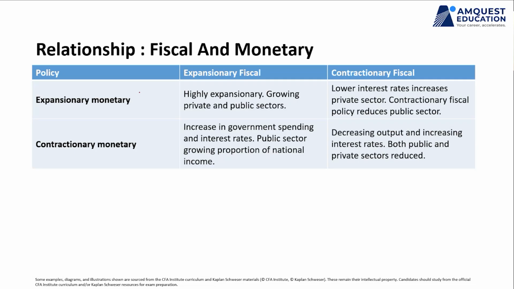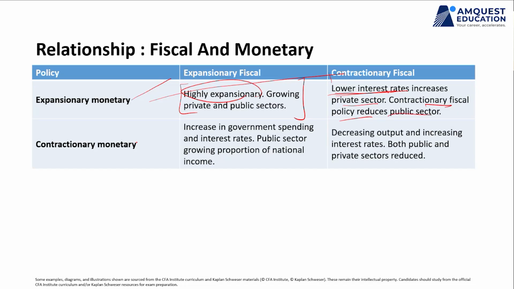So learn the grid. If both are expansionary, this is highly expansionary. But if monetary is expansionary and fiscal contractionary, then because of contractionary fiscal policy, there is a lower interest rate, which increases the private sector. And the contraction also reduces the public sector.